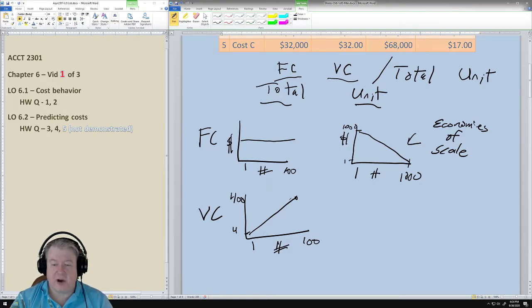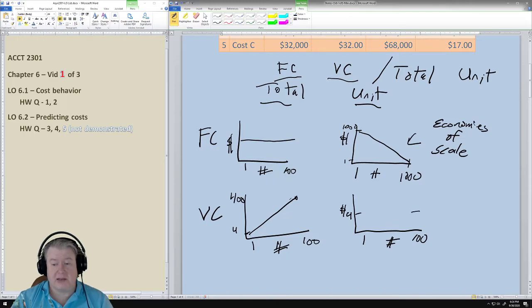But that's the total variable cost. If we look at how much does each, if we just look at it on a per unit basis, we would say for the first bike that you built, the tires cost $4. For bike number 100, how much did the tires cost?